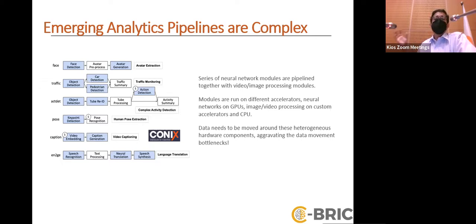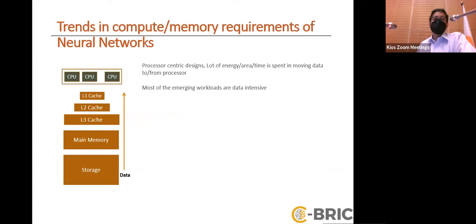We have many of these end-to-end pipelines that have been characterized on where they are spending the time in a system. And in many cases, at each and every node, a significant amount of time is spent shuttling the data from the memory down to the processor, right?